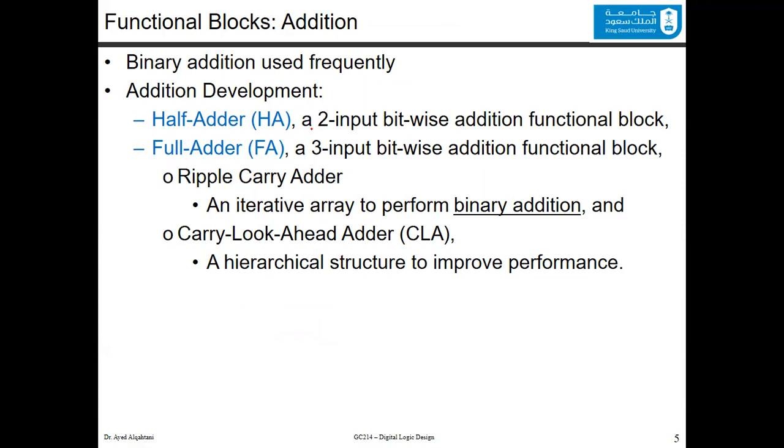The half adder is a 2-input bitwise addition functional block. The full adder is a 3-input bitwise addition functional block. So here's the difference. In the full adder, we have 3 inputs. In the half adder, we have only 2 inputs.